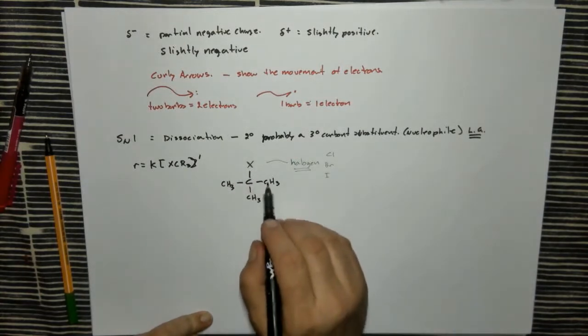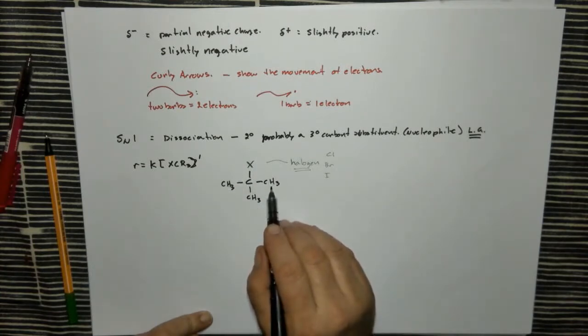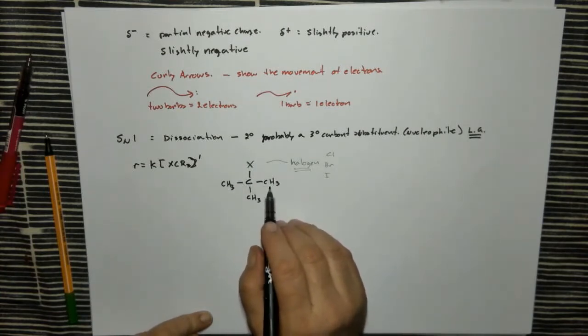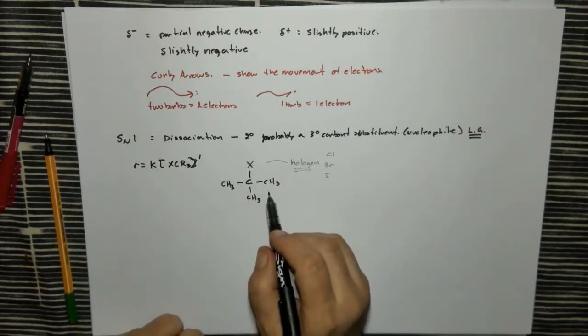The resulting carbocation is going to have its own stability due to induction effects or conjugation, which I talked about in an earlier video.